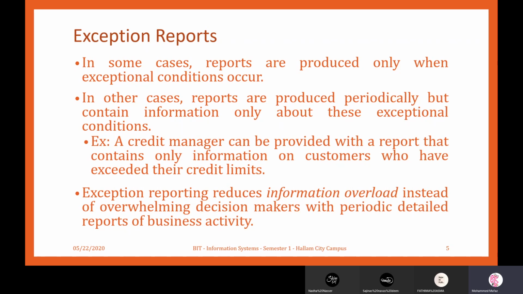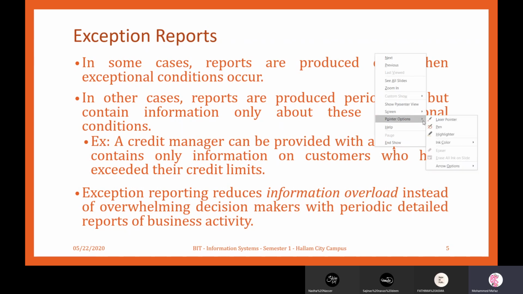Now people who are working on the website will be sleeping, right? They will be in their beds, they don't know what has happened. So if you have a system that could generate exception reports and notify people, such a system is a robust MIS system. Whenever there is something out of the normal, it will automatically generate the report. That kind of report is known as exception reports.